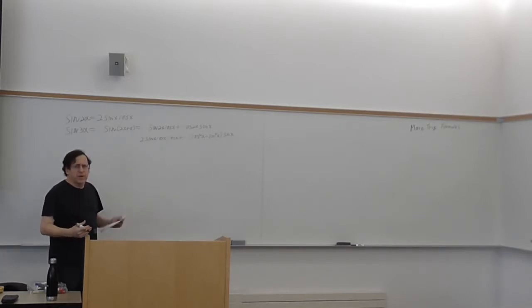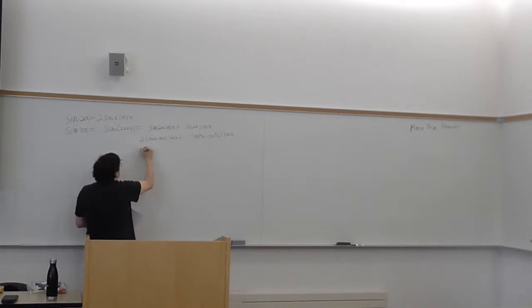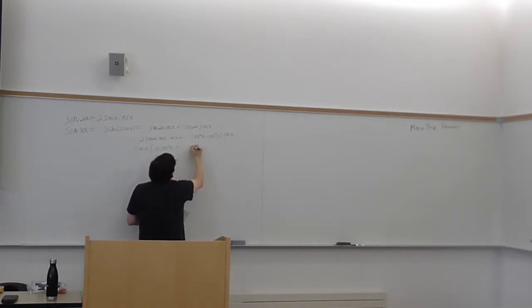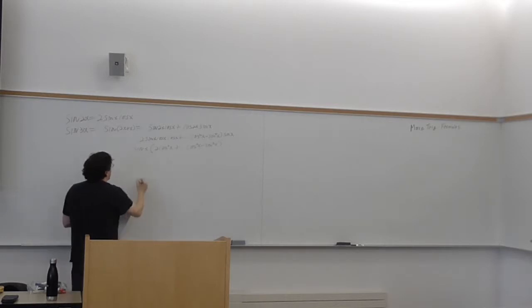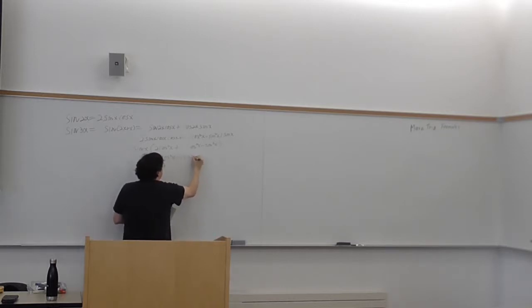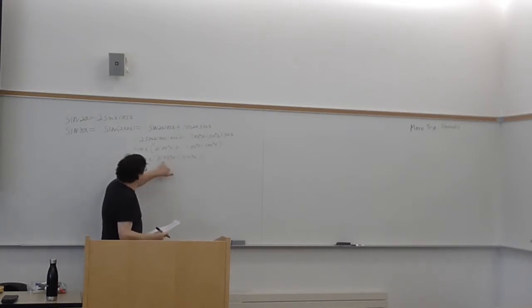We could make this look a little better. A factor of sine of x we can take out for now. This is sine x times 2 cosine squared of x plus cosine squared x minus sine squared x, or sine of x times 3 cosine squared of x minus sine squared of x. But cosine squared of x we could put in terms of sine, right?